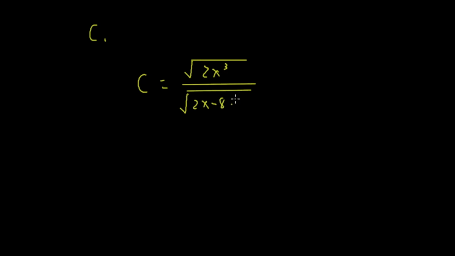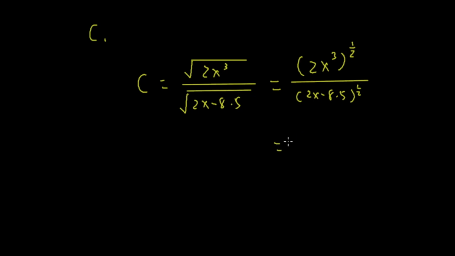So part C, let me rewrite this. C is equal to square root of 2x cubed over square root of 2x minus 8.5. That's also equal to 2x cubed to the power of 1 over 2 divided by 2x minus 8.5 to the power of 1 over 2.